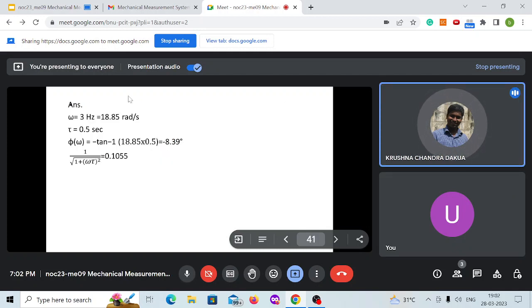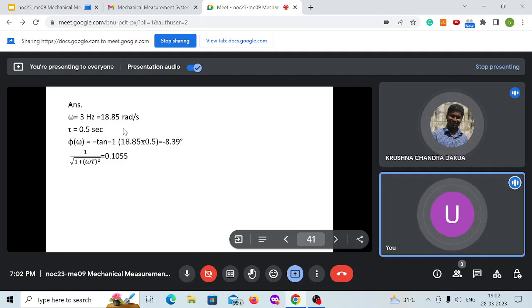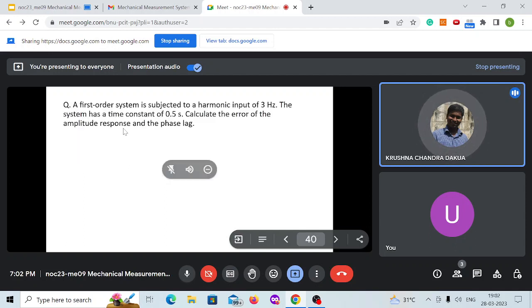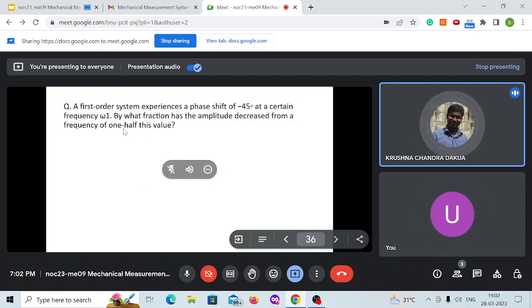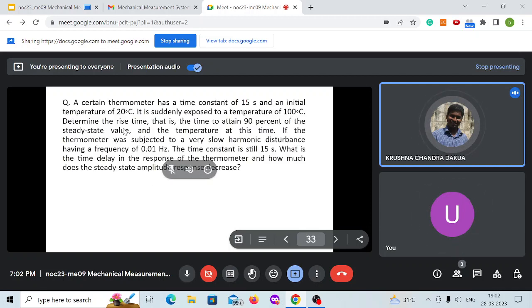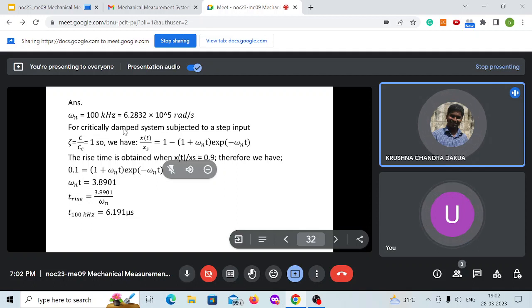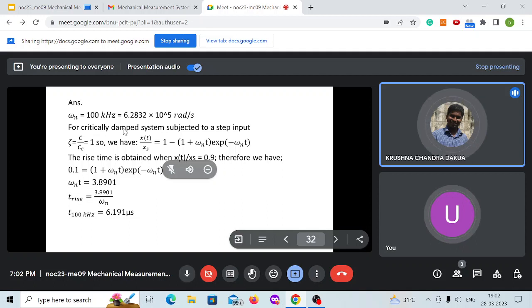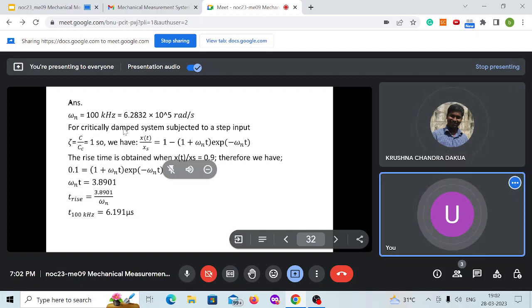Sir, dynamic error, this one minus one. Dynamic error is equal to 1 by root over omega tau square plus 1, minus 1. No? The last problem was the spring mass system. You are saying about this one, X by x, 1 minus root 1 plus omega tau?